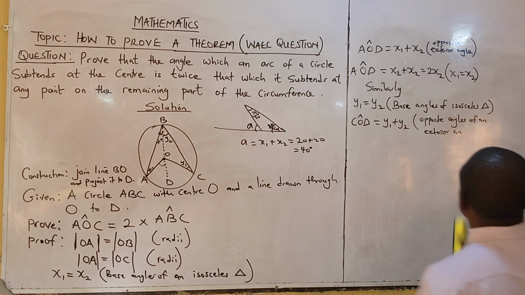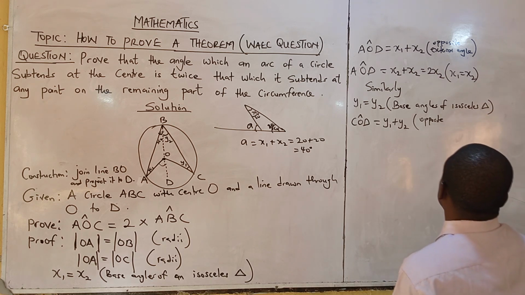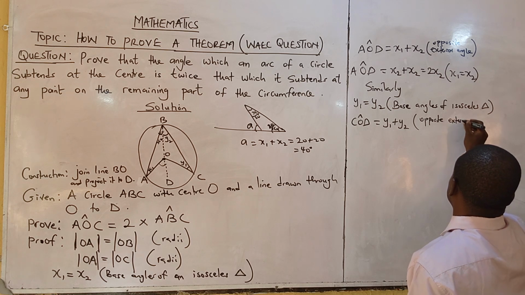Or you can say opposite exterior angles. Just write it like that so that it will reduce the statement. Opposite exterior angles.